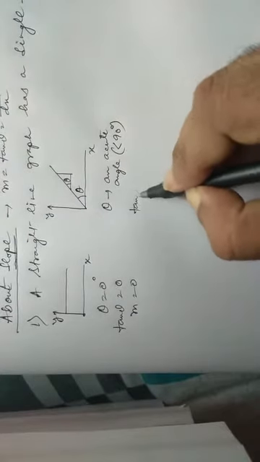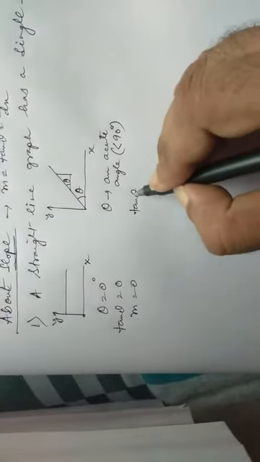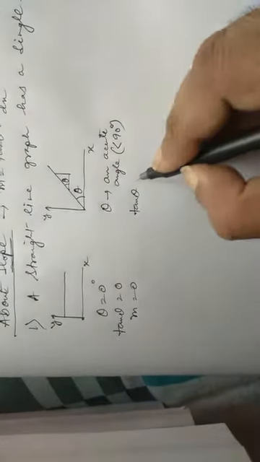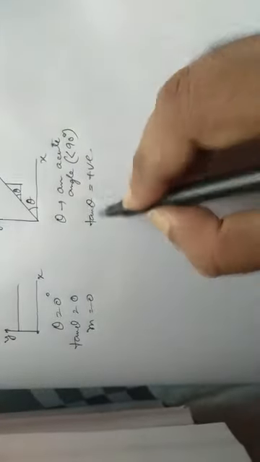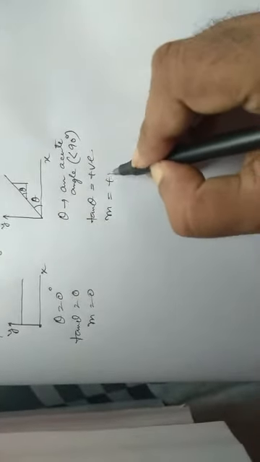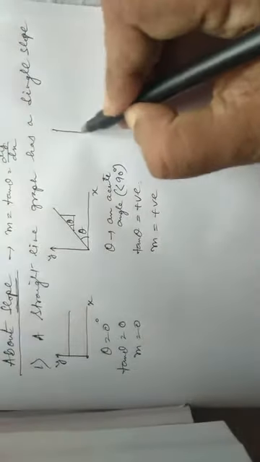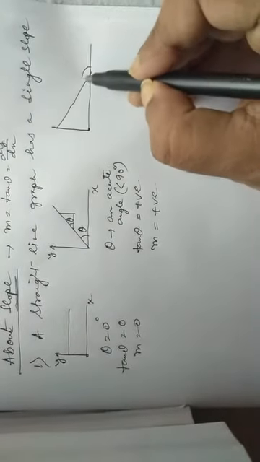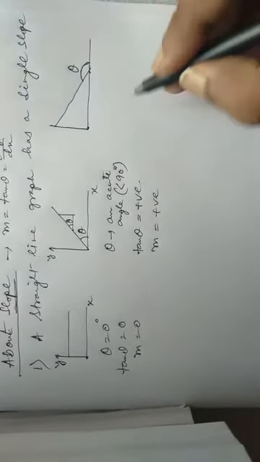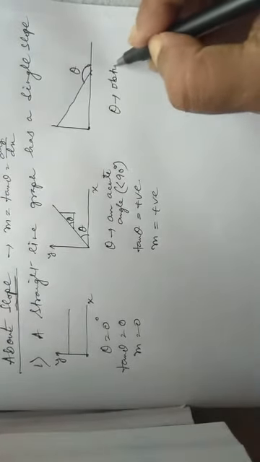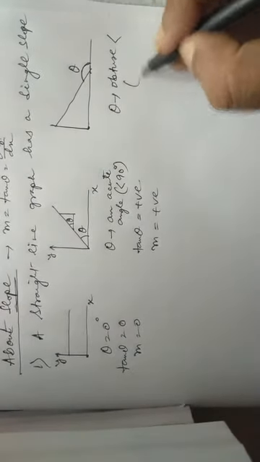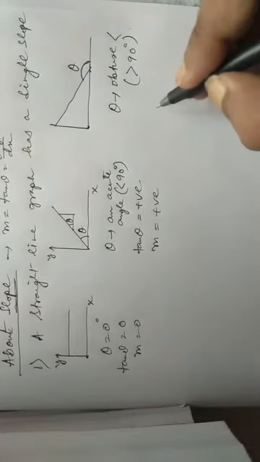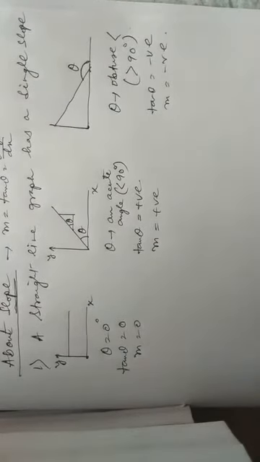So tan theta is positive, so the slope is positive. Now for a graph like this, the angle with the positive direction of x-axis is obtuse, or greater than 90. Here tan theta is negative, slope is also negative.